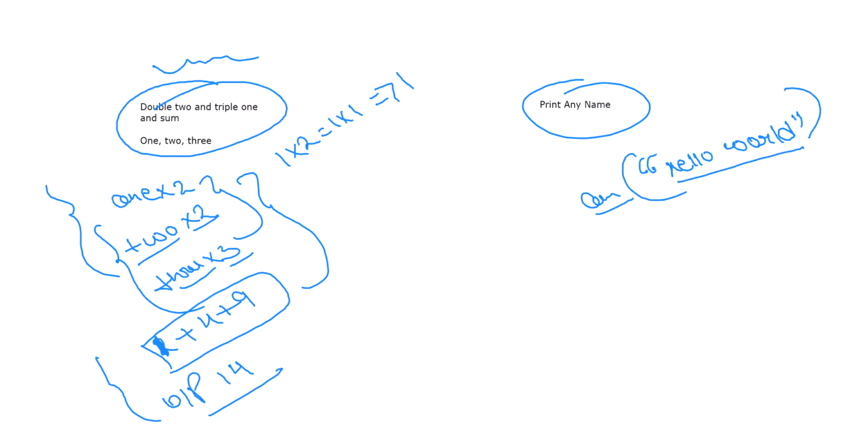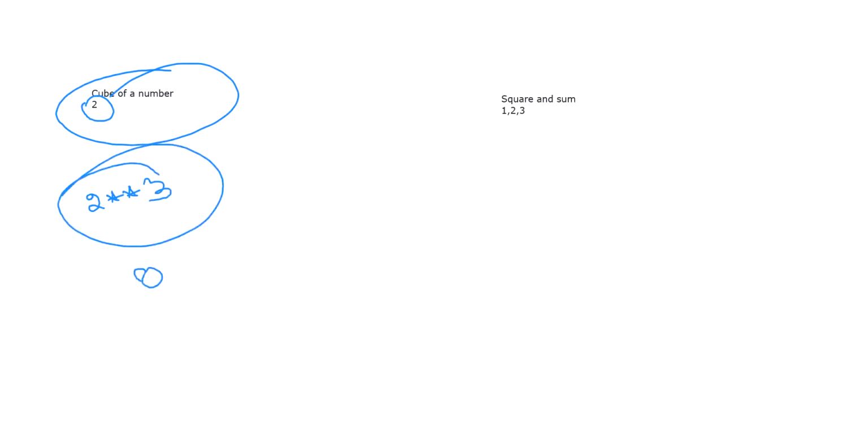Now the final question: the cube of a number. Our number is 2 and you want its cube. So how do you write it? 2 into 2 into 2, and you get the output 8. So you find the value of 2 cubed, the cube of a number.